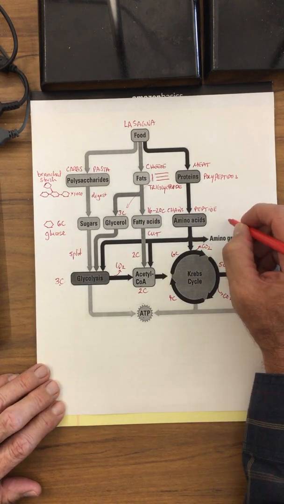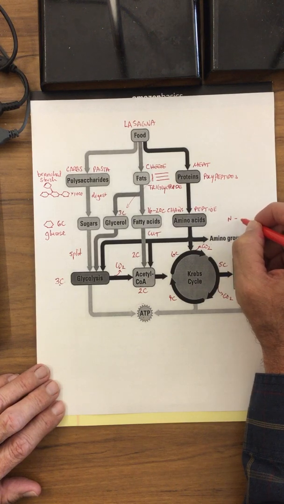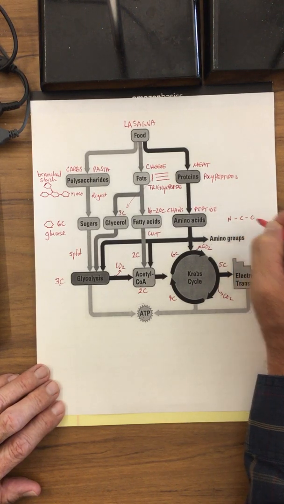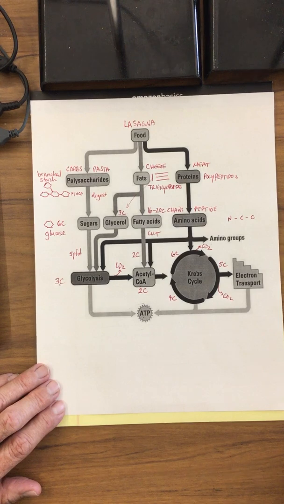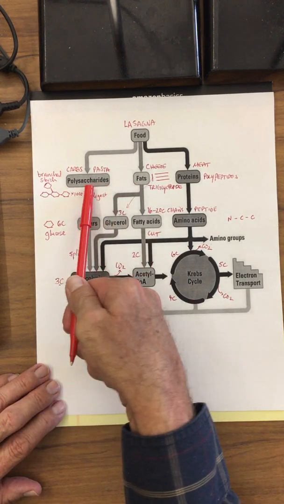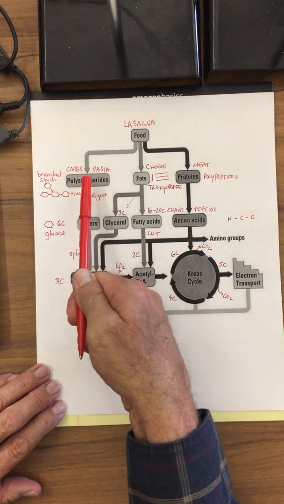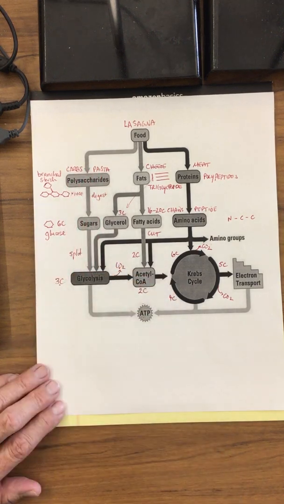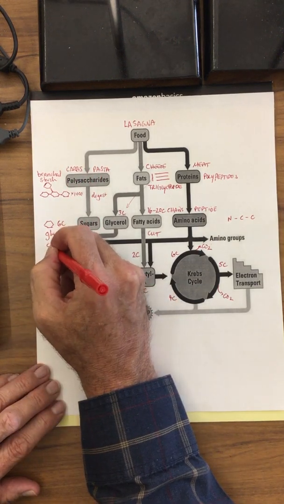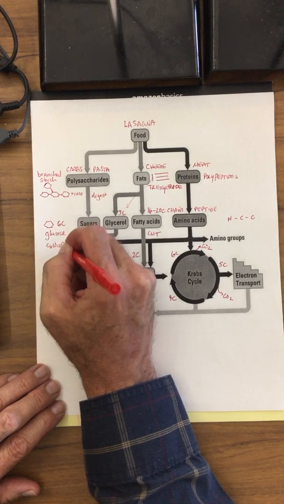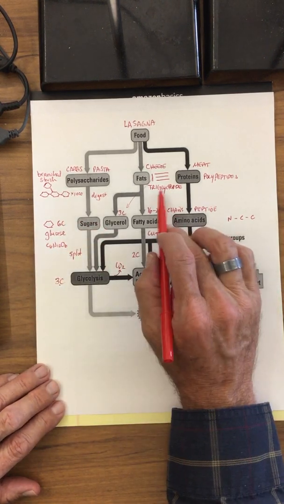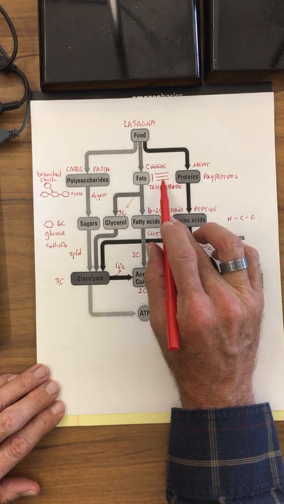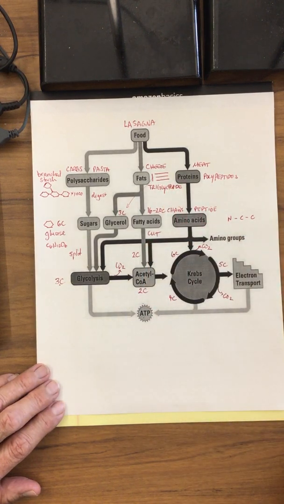What does the amino acid look like? The amino acid has a nitrogen and 2 carbons. So if you remember, polysaccharides have carbons, hydrogens, and oxygens, C6H12O6. Triglycerides are primarily hydrocarbons, just lots of carbon and hydrogen chains.